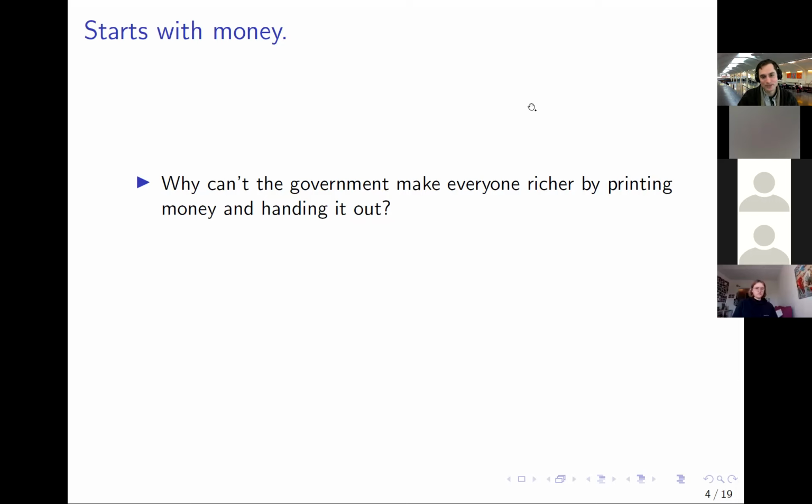But it's hard in a carefully written out master-style macro model to get money to matter. It will matter. We'll show you how it works. We're going to go through models where money matters, but it's a little hard to get money to matter, because at the end of the day, what a household cares about in our models is consumption, not money.